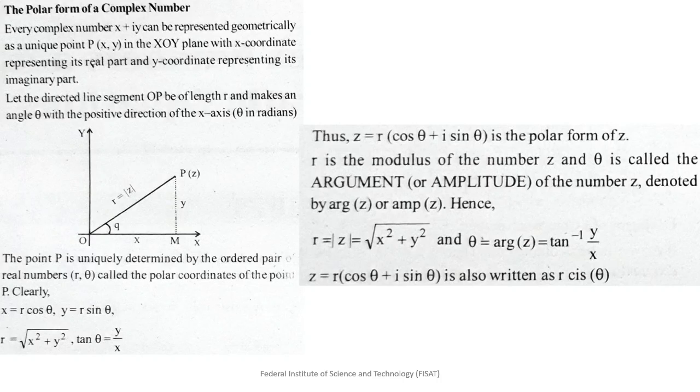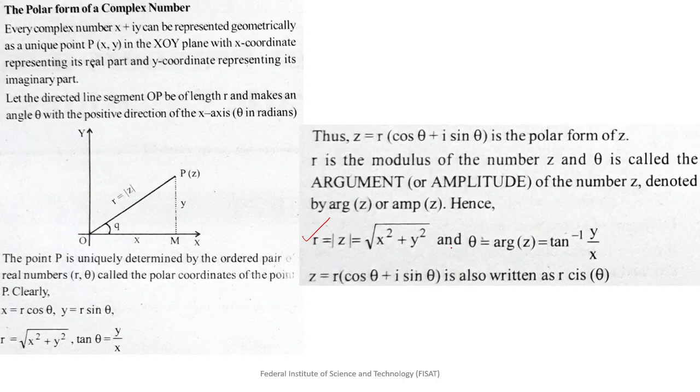Next concept is the polar form of a complex number. In considering the polar form, consider an xy plane. In this xy plane, you are representing the real part and imaginary part as x and y. Then its hypotenuse is given by r equal to mod z equal to root of x square plus y square, which is the modulus of the number z.